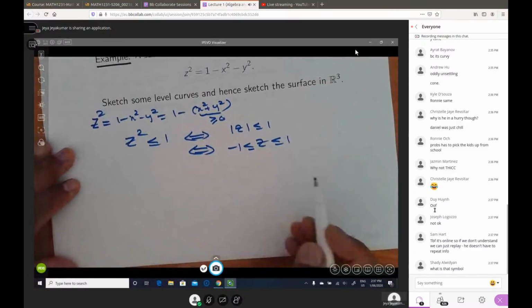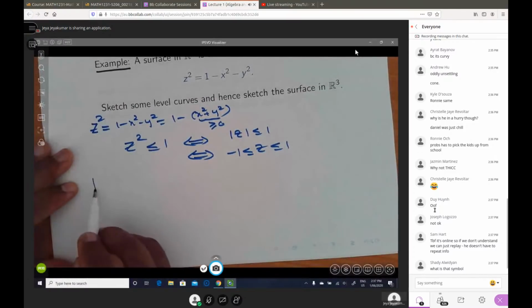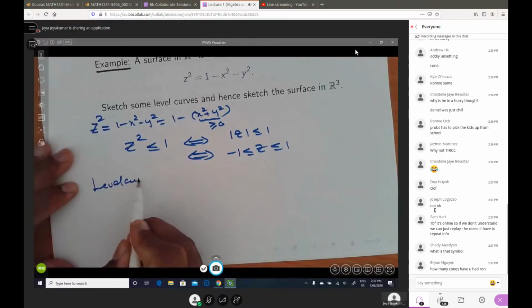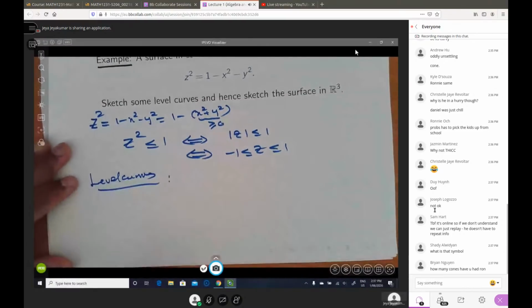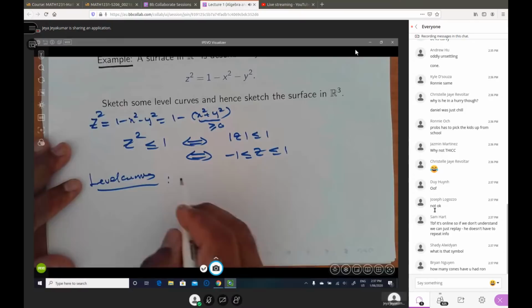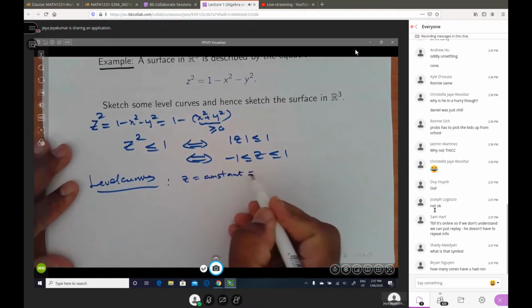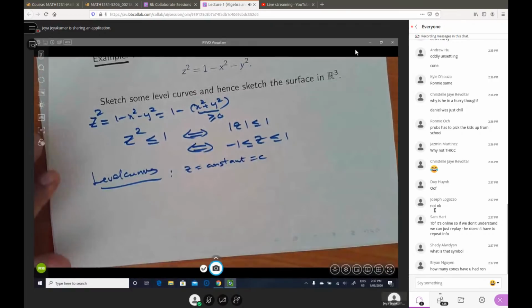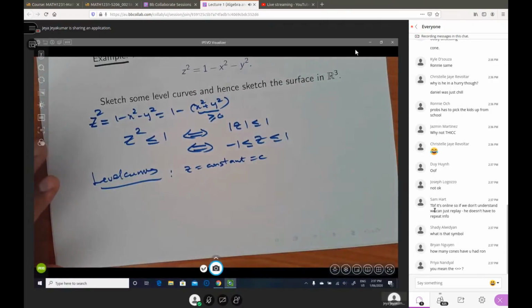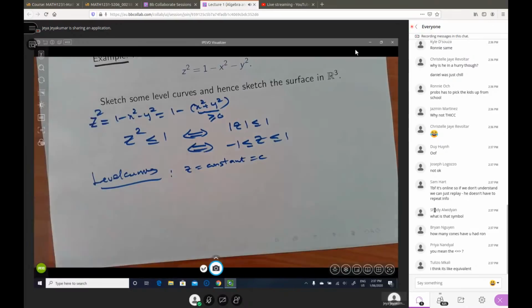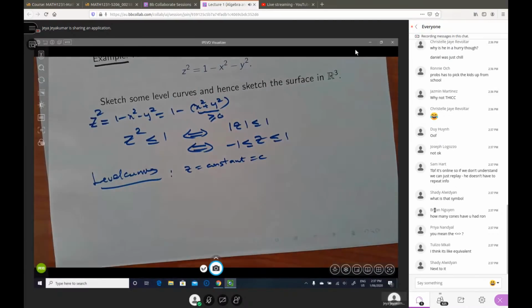Okay, the next step is to look at the level curves. z equals a constant c. All right, so let's give some values and sketch the level curves.